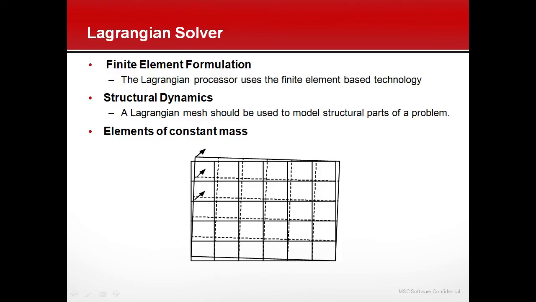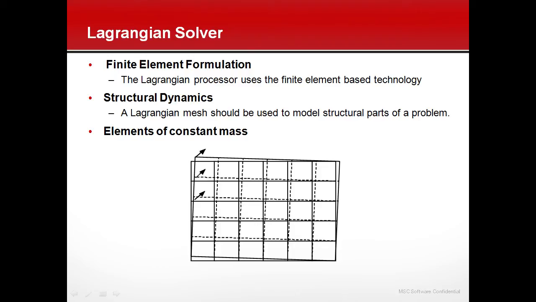So for structural dynamics, which is what we're going to be talking about here, we've already said these are dynamic problems. We'll typically use a Lagrangian mesh to simulate the structural part of the problem. This Lagrangian element technology will result ultimately in elements of constant mass. You can see the graphic here. It shows a deforming structure.